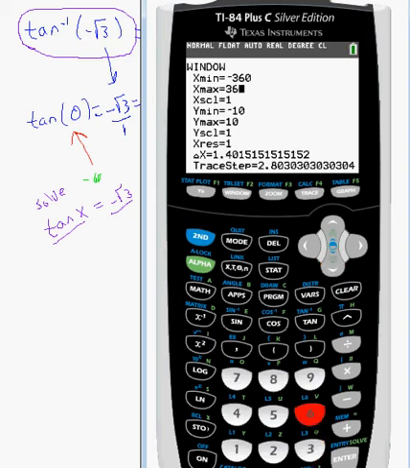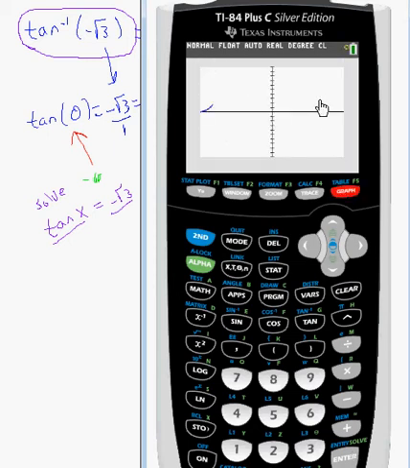Positive 360 degrees would be once around the circle counterclockwise. So when I graph this, you're going to see several cycles of the tangent function. In a previous chapter, you learned that tangent needs pi units, or in degrees, 180 degrees to do one of its cycles. So we're going negative 360 to 360, so we're seeing lots of them.